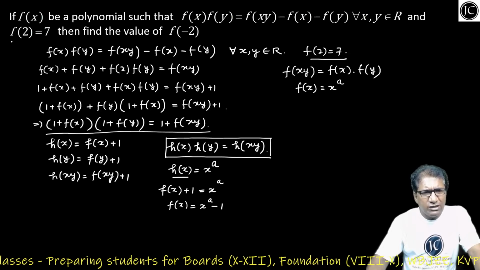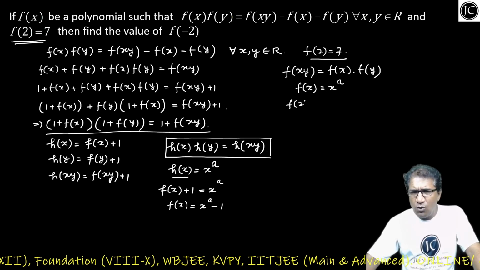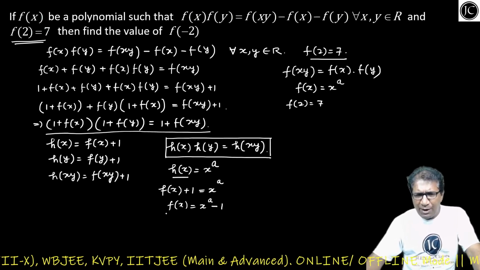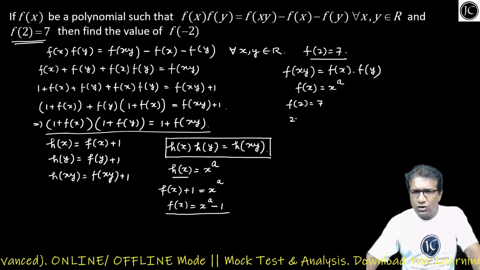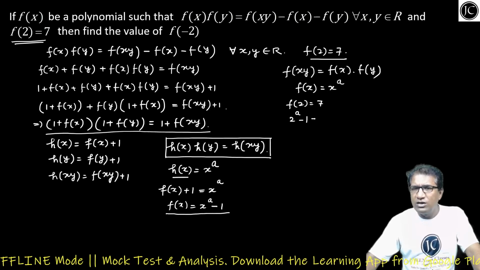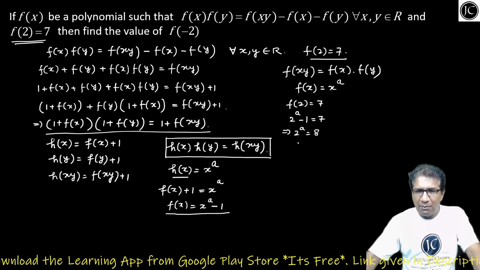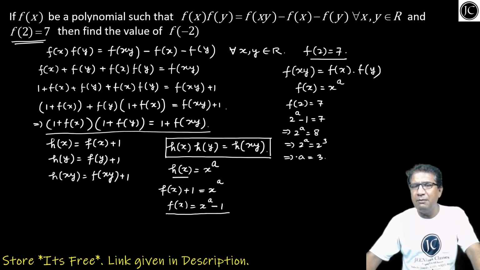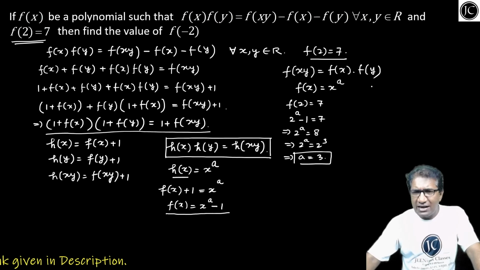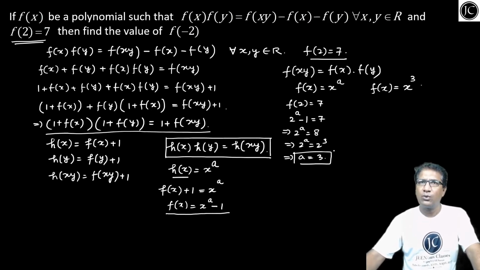अभी यहां पर मुझे जो वैल्यू दिया हुआ है वो है f2 equals to 7. देखो f2 equals to 7 मतलब क्या हुआ, fx मेरा x to the power a minus 1, तब f2 होगा 2 to the power a minus 1 which is equals to 7. इसका मतलब क्या हुआ, 2 to the power a is 8, मतलब 2 to the power a is 2 cube, that implies a is nothing but 3. मतलब मेरा जो फंक्शन है वो अभी बना x to the power 3 minus 1.